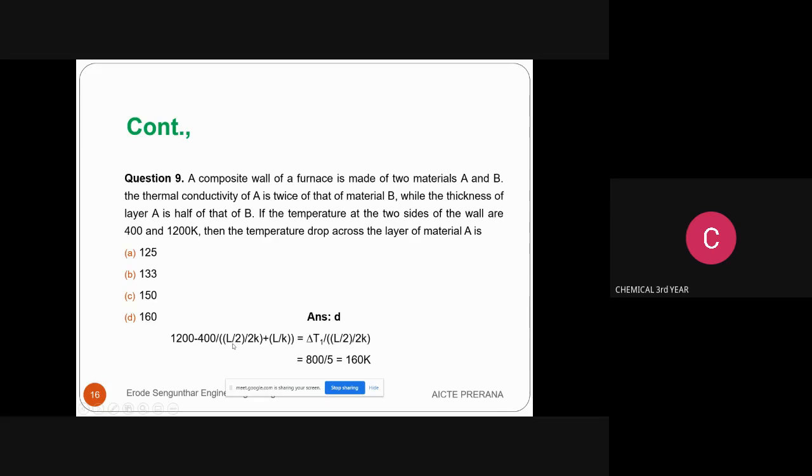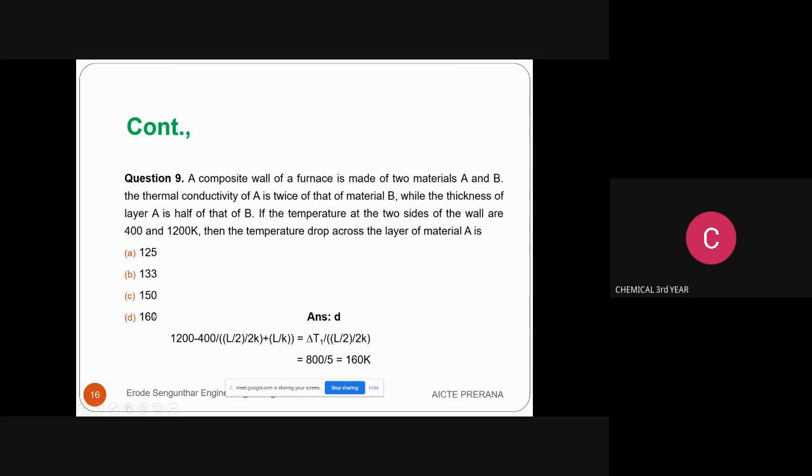So I have substituted all the things here: L by 2 divided by 2K plus L by K. So it should be equal to del T1 divided by L by 2 into L by 2 divided by 2K. Then if we substitute all the values, the LK will automatically get cancelled. Then 800 divided by 5 only I got. Okay, if I solve this, I got 160 Kelvin.